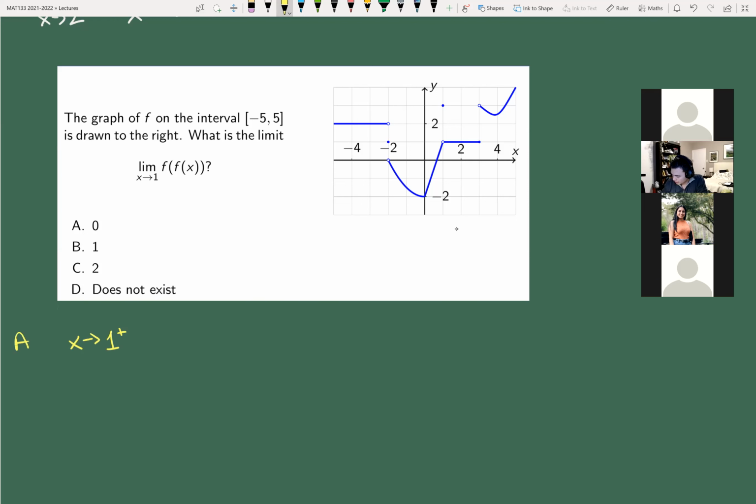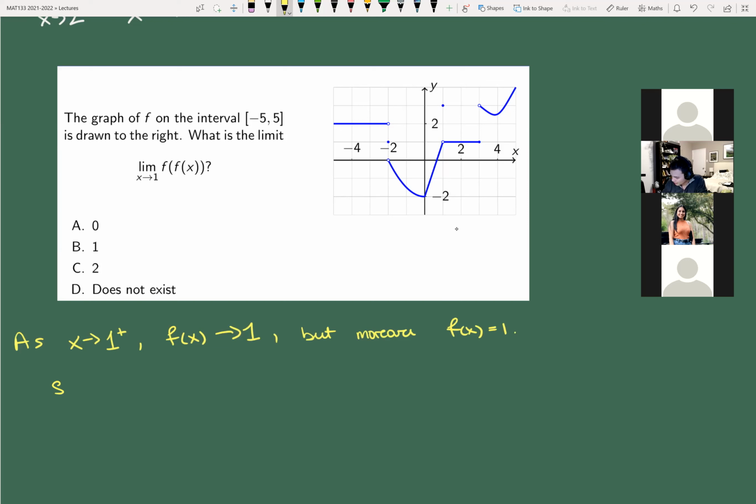So I would say something like as x approaches 1 from the right, f of x not only approaches 1, f of x is actually equal to 1, right?